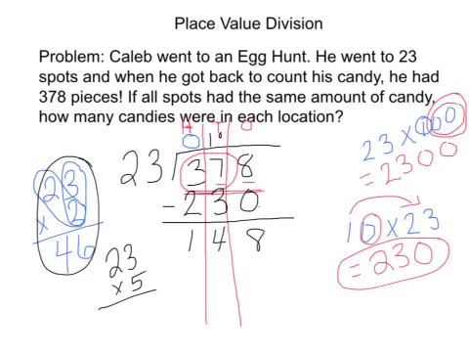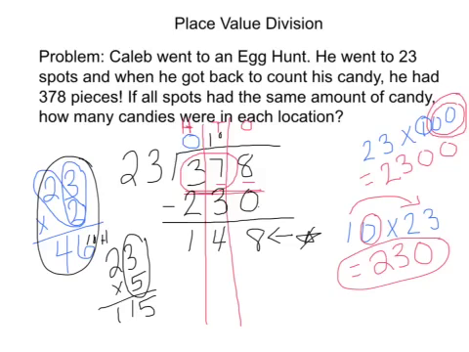And place value division is all about getting as close as you possibly can to that magic number, okay? So 5 times 3 gives me 15, okay? And 5 times 2 gives me 10, so 10 plus 1 gives me 11.